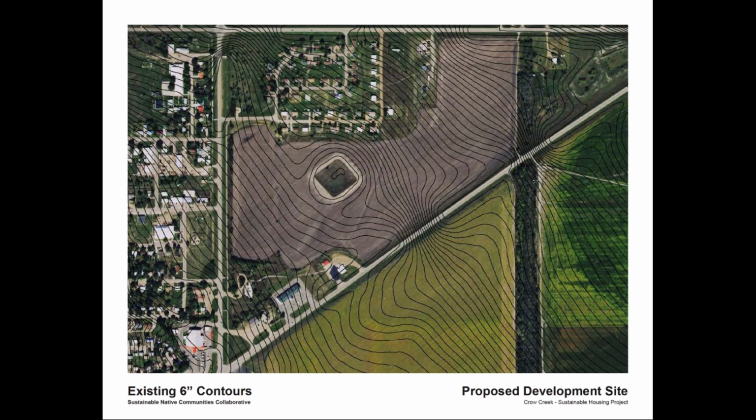As an overview, this community is located in a high flooding area. So this site that was given to us floods in the southwest corner. So you have water coming down and into this corner.